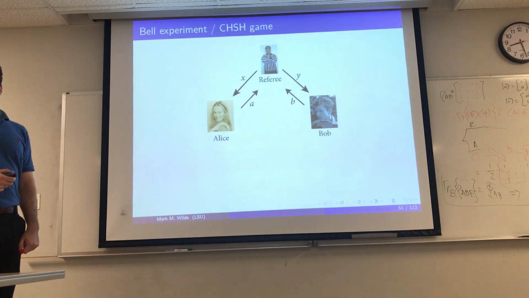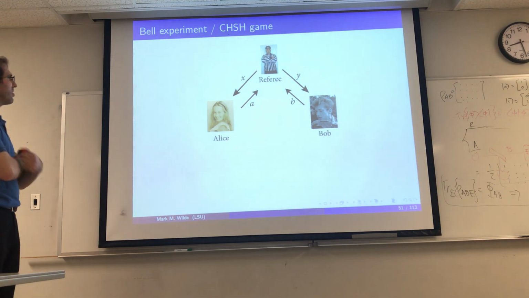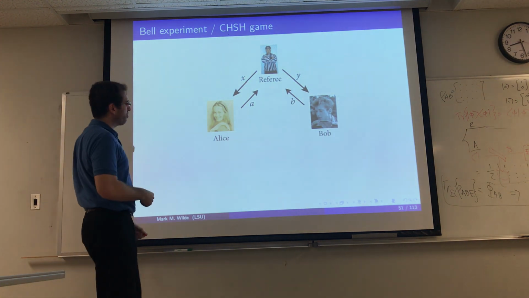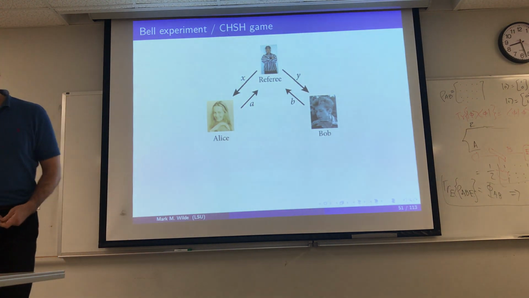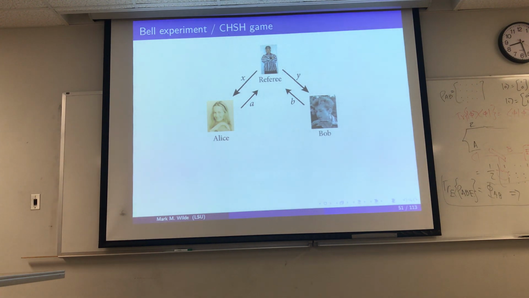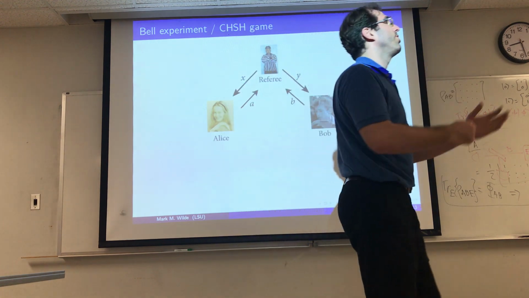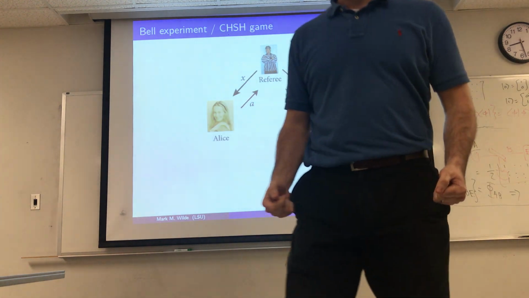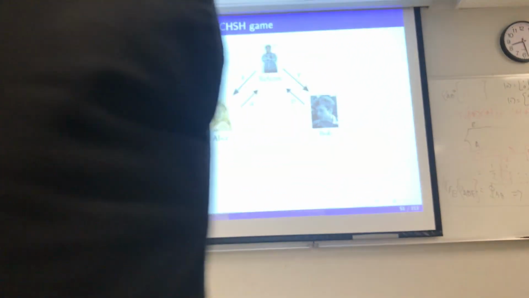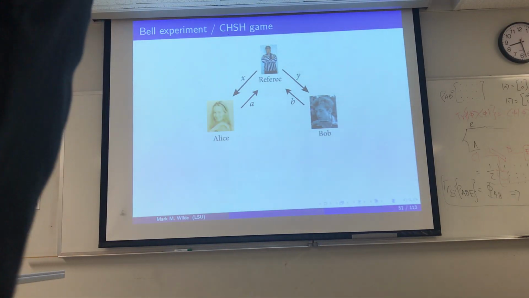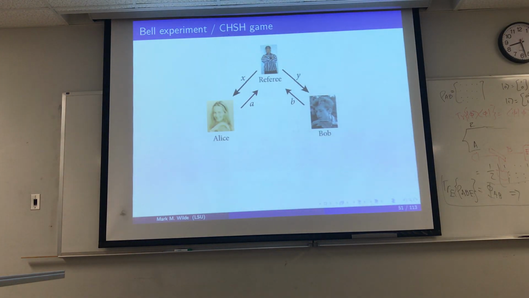I'm the referee, right? So I stand here like this. And I flip coins. So I'll do that now. One will be heads, and the other will be tails. Okay. Don't talk to each other. You need to not violate the locality loophole.